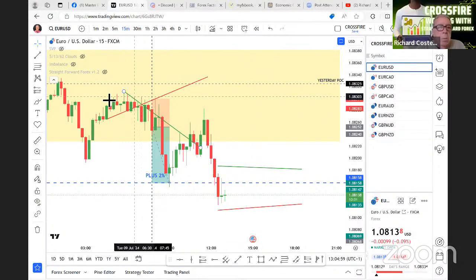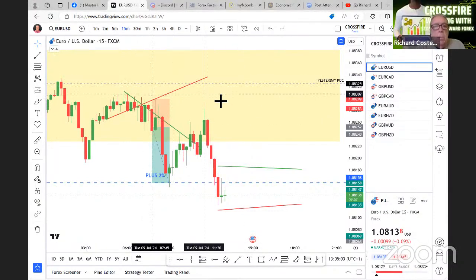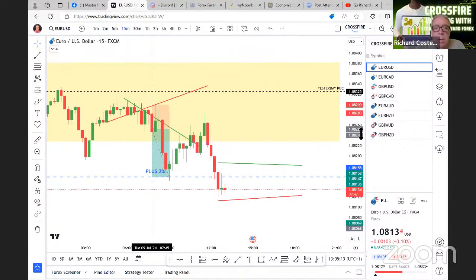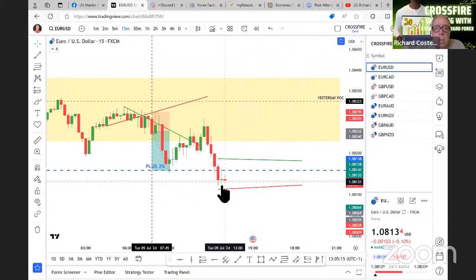So basically what we do is in the afternoon session, we look at the 1 o'clock candle, which is this tiny red candle. And you can see that the previous candle was an indecision candle.